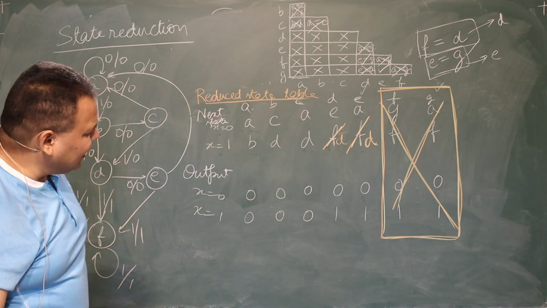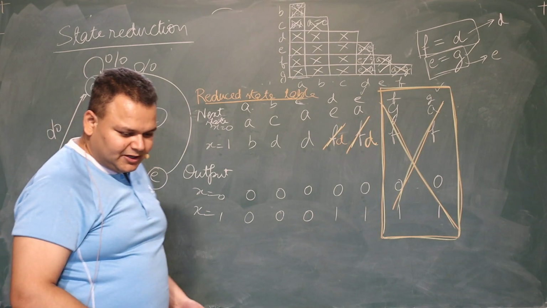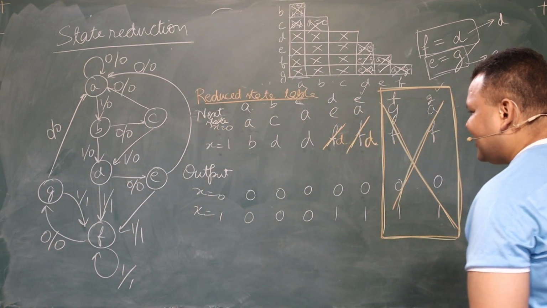So if I were to now draw this reduced state diagram, what will it look like?